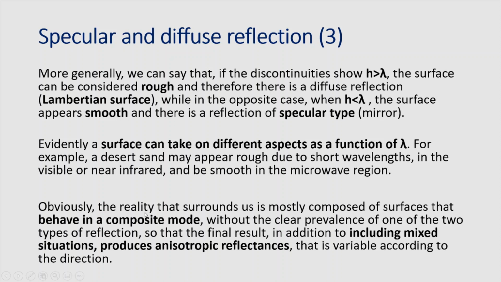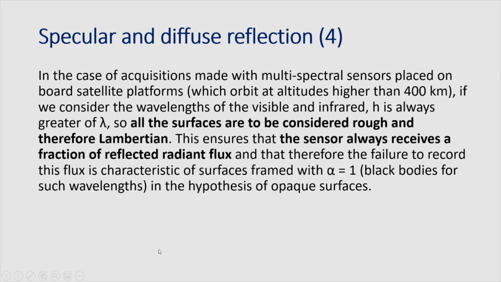anisotropic reflectances. In the case of acquisitions made with multispectral sensors placed on board satellite platforms, which orbit at altitudes higher than 400 kilometers, we consider the wavelengths of the visible and infrared, as I mentioned before. H is always greater than lambda, so all the surfaces are to be considered rough and therefore Lambertian or diffuse reflectors.